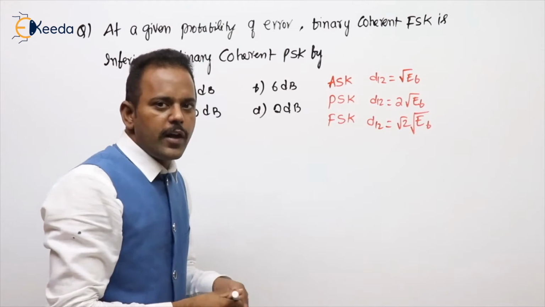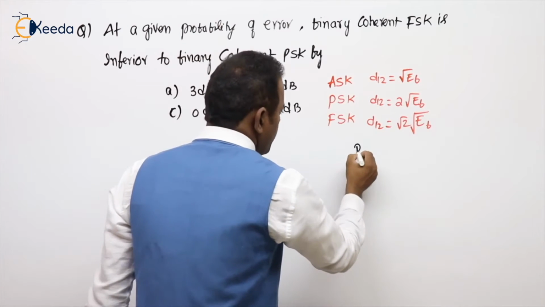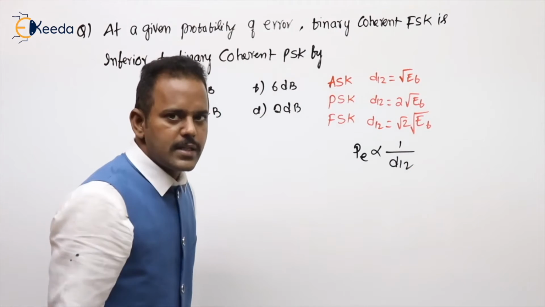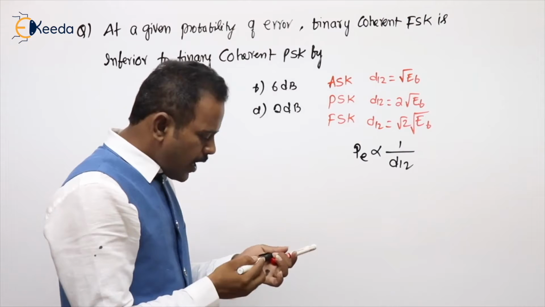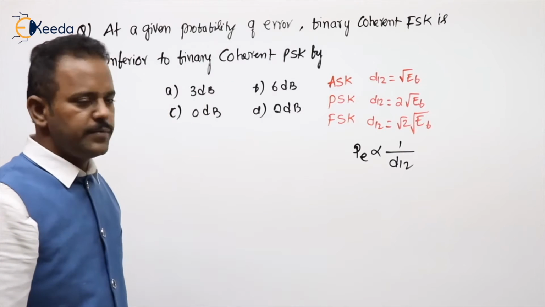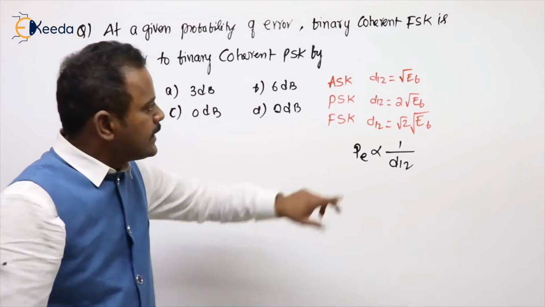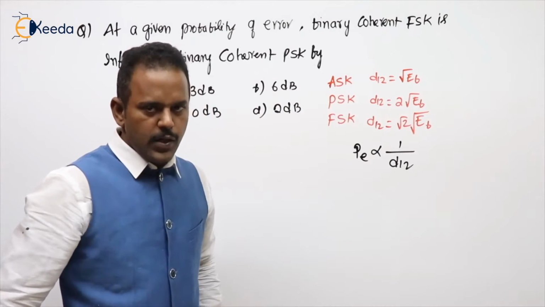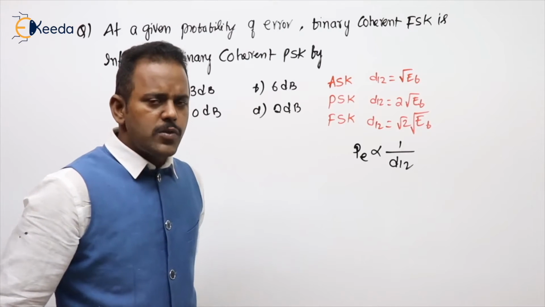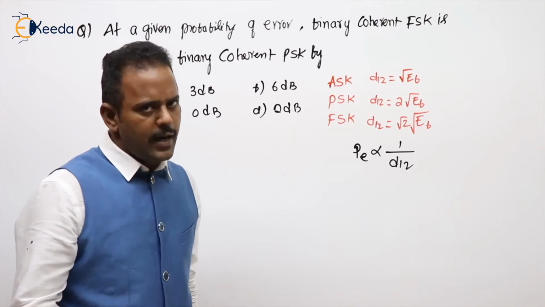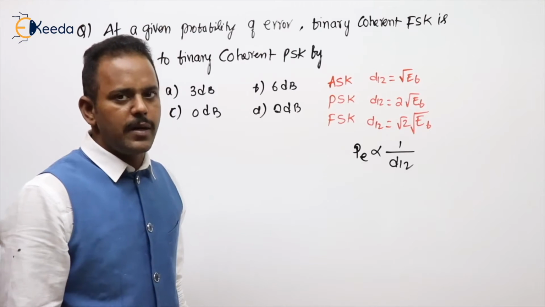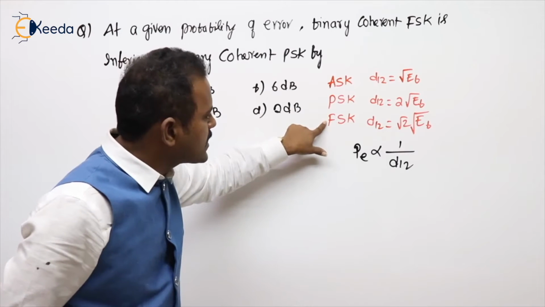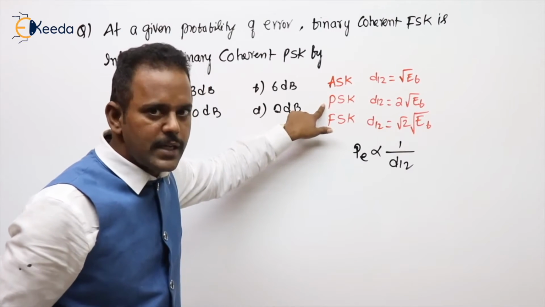Probability of error, we already know, is inversely proportional to distance: more distance, less error. Now it is given in terms of decibels. Are you getting my point? The distance I wrote as root of EB is in terms of voltage. If you want decibels, voltage means 20 log, power means 10 log. When comparing PSK and FSK, how much more distance is in PSK?